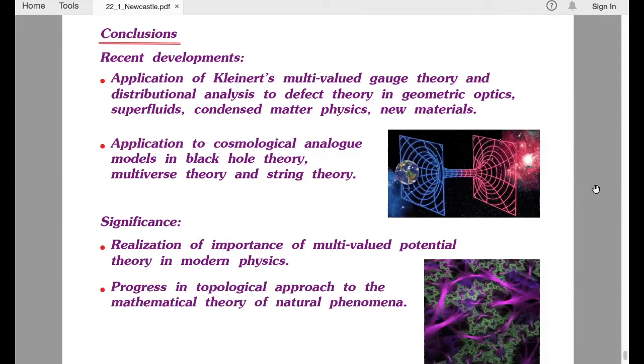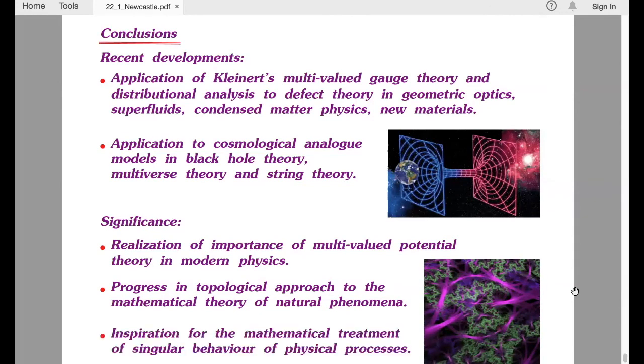And this gives me a chance to mention progress in topological field theory in all contexts, and mathematical theory of natural phenomena at all scales, of course, from string theory to cosmology, and of course classical field theory as well, and inspiration for the mathematical treatment of singular behavior of physical processes.